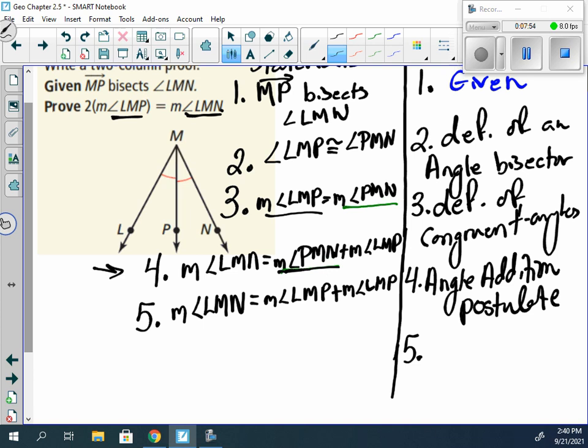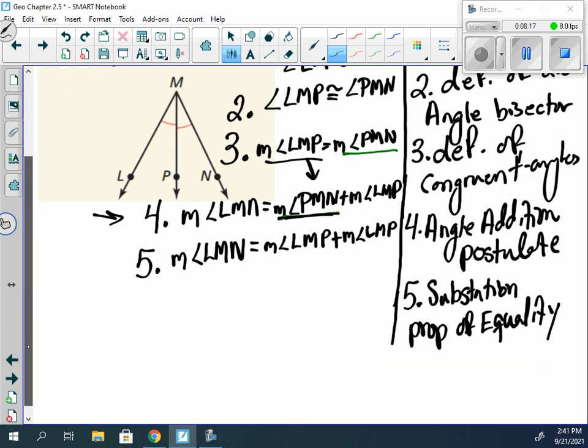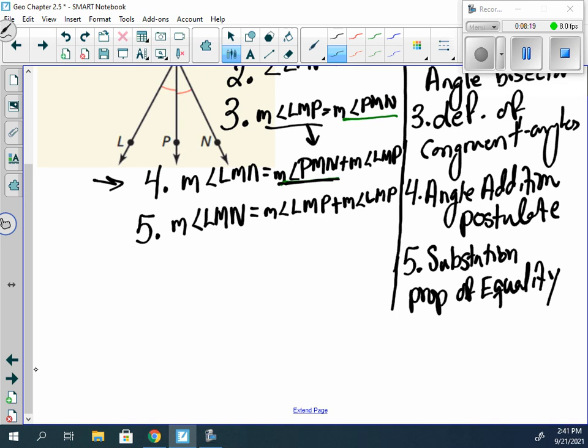Because we're replacing angle PMN with LMP because they are the same. Now this is our substitution property of equality.